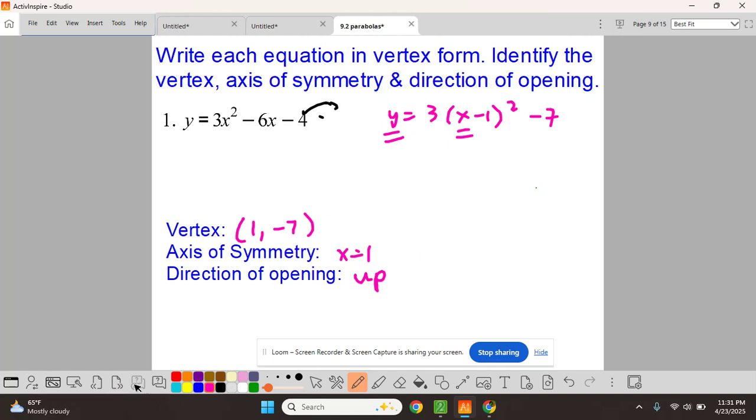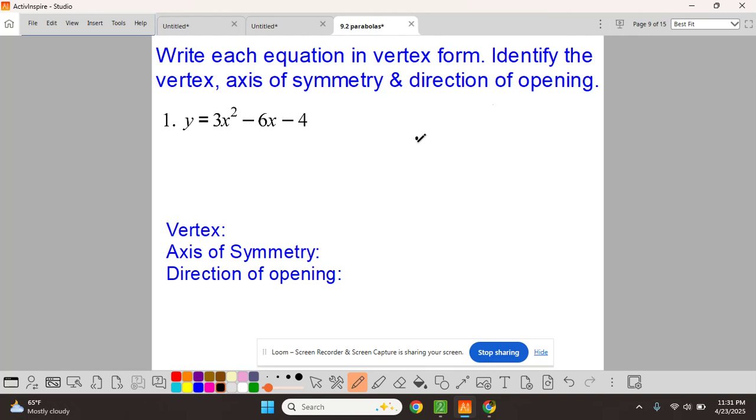Okay, so for your work today, I need you to graph the following. Number one, graph y is equal to 4(x minus 2) squared plus 3.